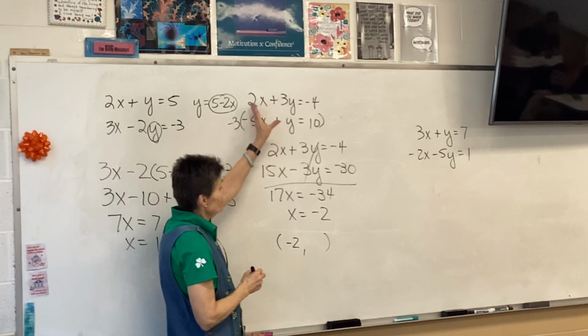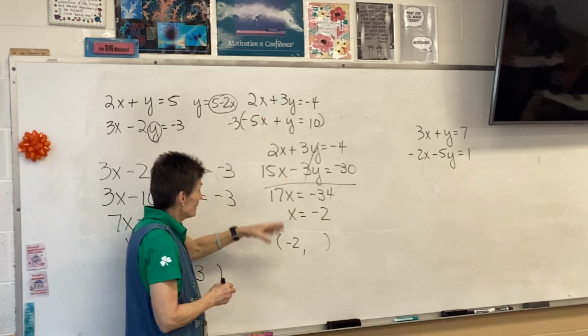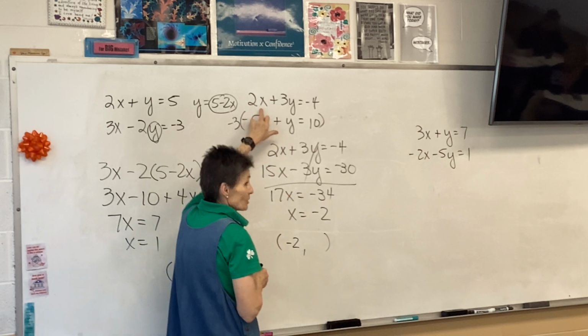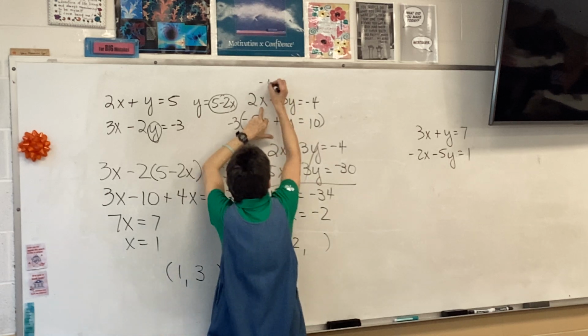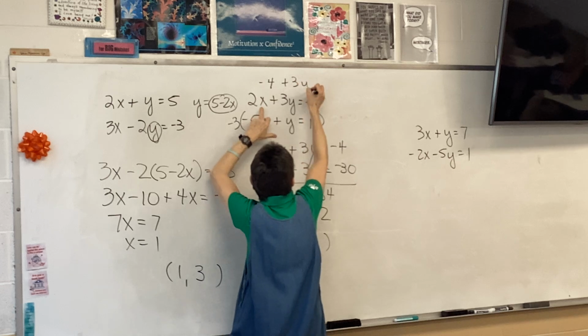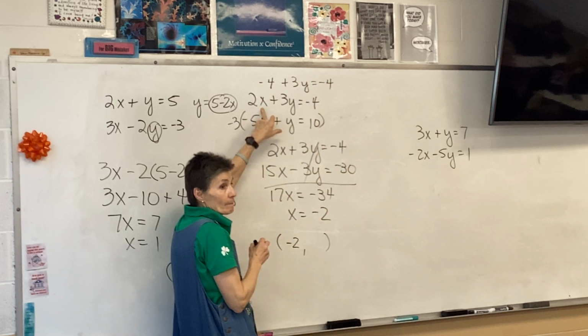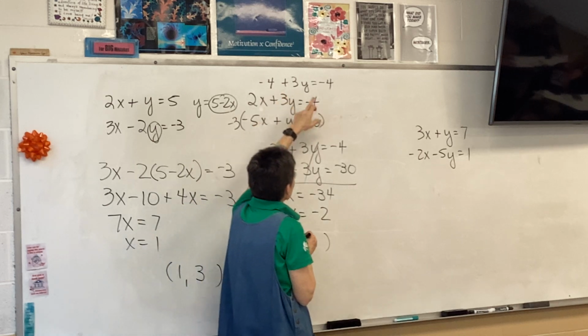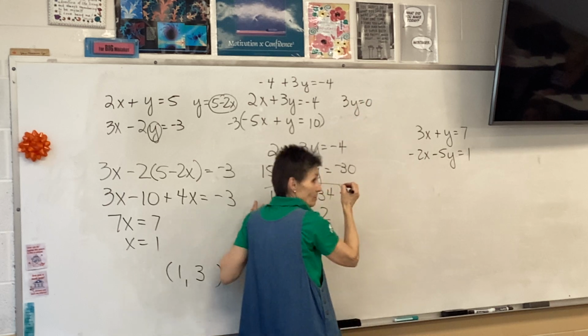So we'll go back somewhere, anywhere, it doesn't matter where you go. You're gonna plug in -2, I'm just gonna put it at the top, I'm gonna put in -2. So -4 plus 3y equals -4. Now guys, if you add 4 to both sides, isn't it gonna say 3y equals 0?